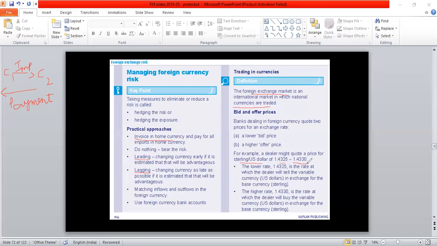The lower rate is the rate at which the dealer will sell the variable currency in exchange for the base currency sterling.